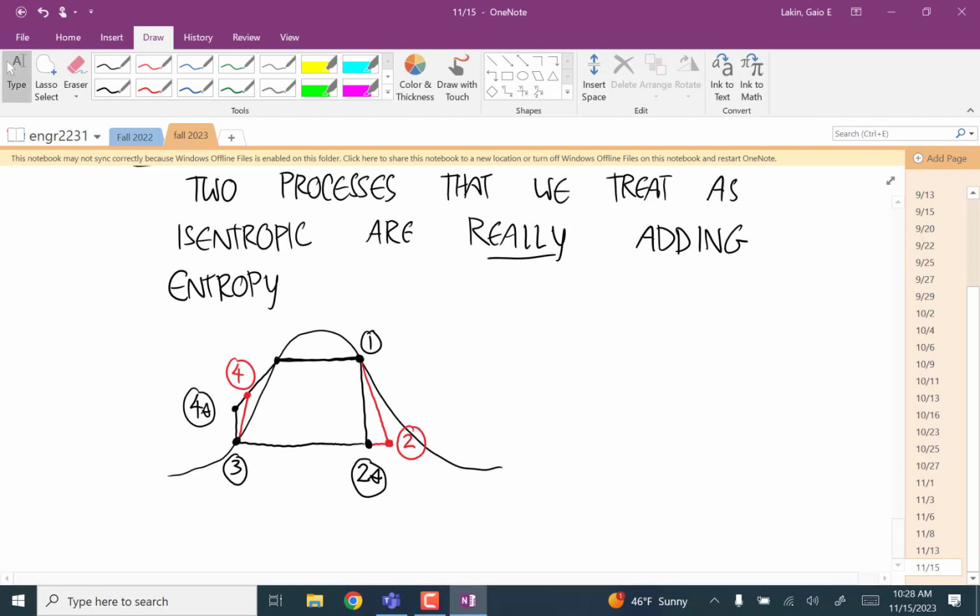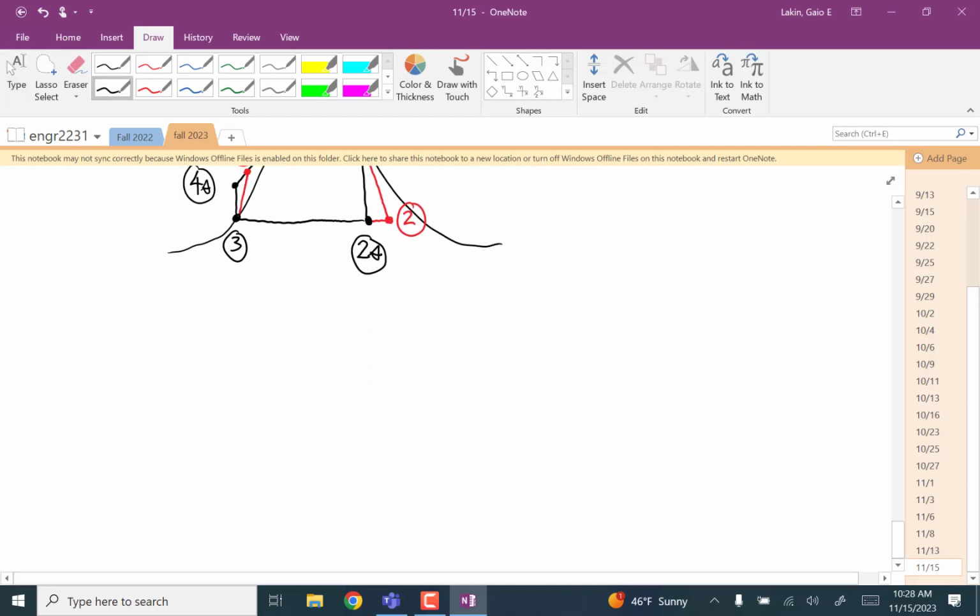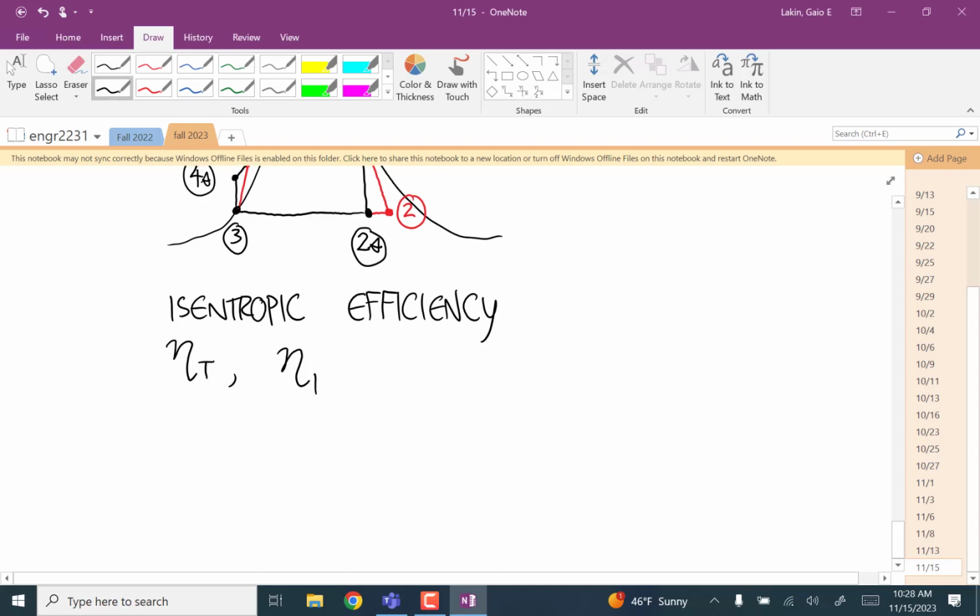And in order to take that into account, we're going to use this coefficient that's called the isentropic efficiency. And we'll have separate ones for the turbine. That'll be eta sub t. And for the pump, that'll be eta sub p.